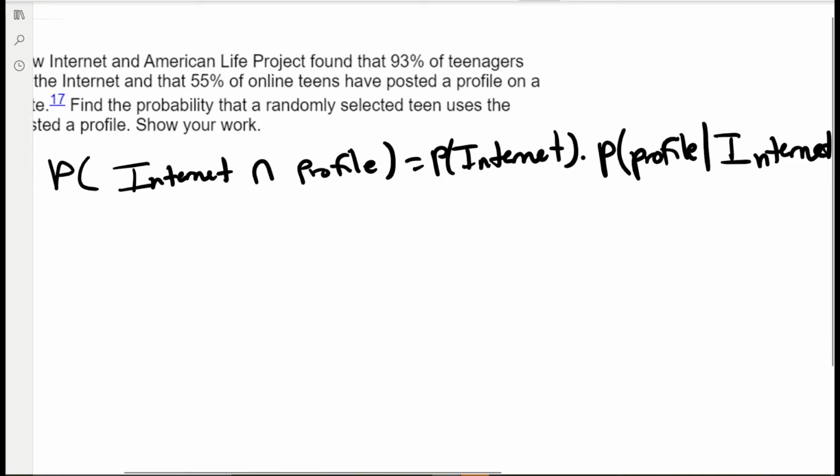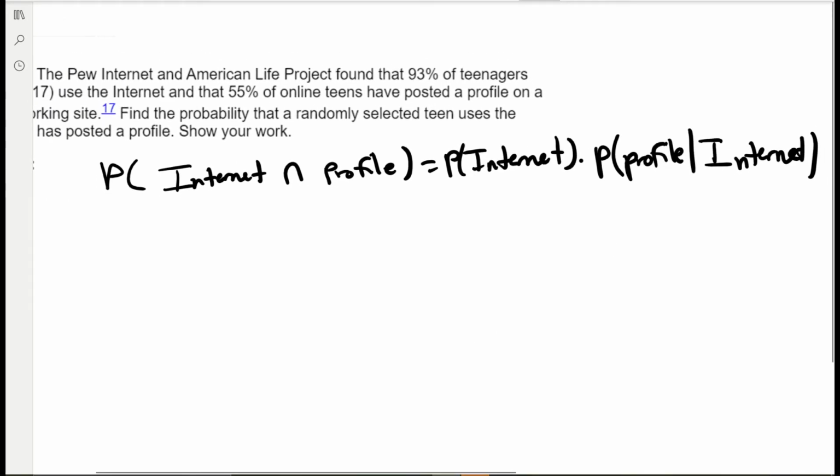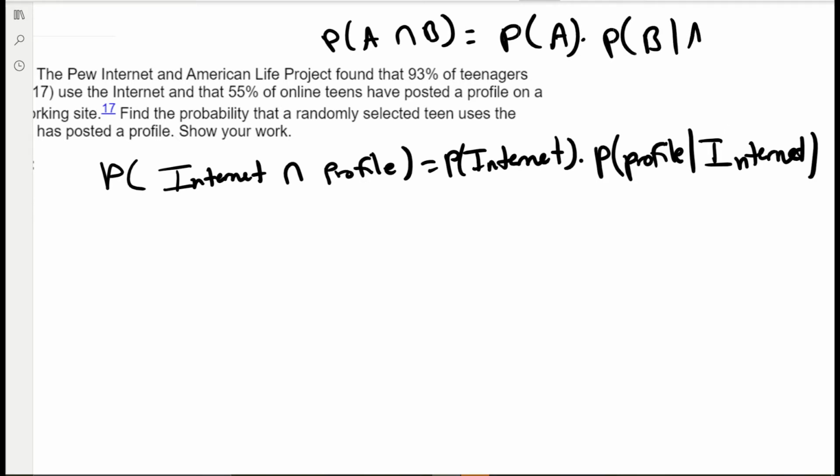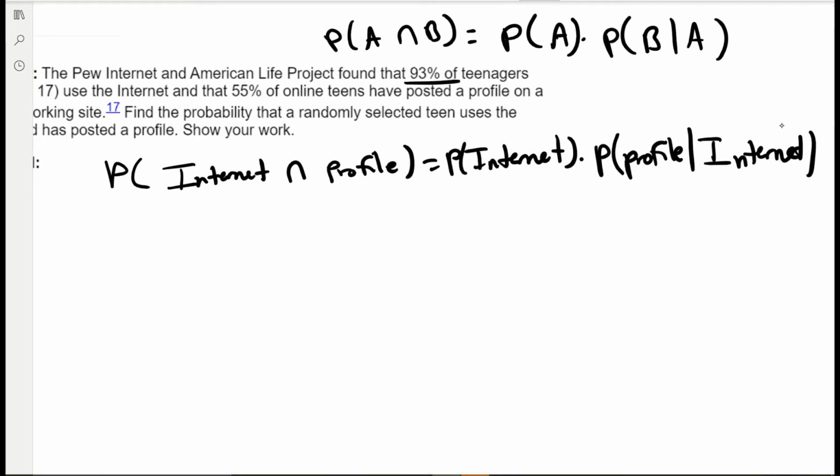And that's using the formula of the general multiplication rule, which states that P of A and B is P of A times P of B given A. So then what's the probability that someone uses the internet? Well, it says 93% of teens use the internet, so this is going to be 0.93.